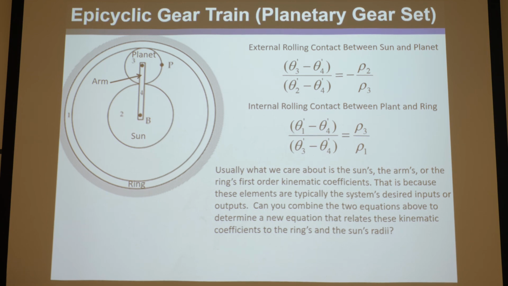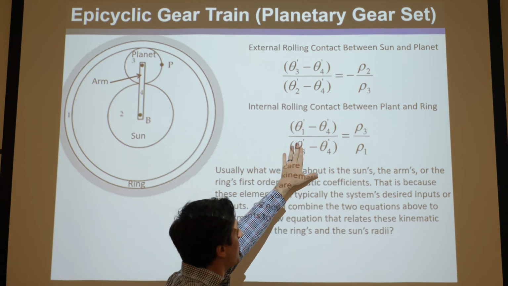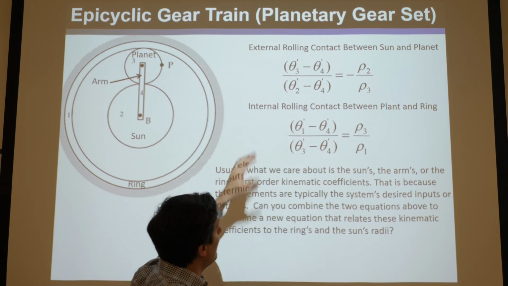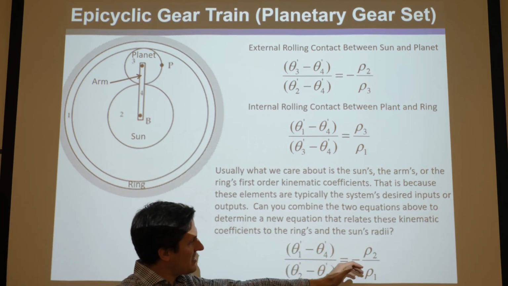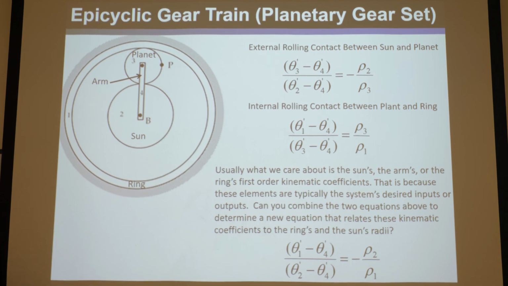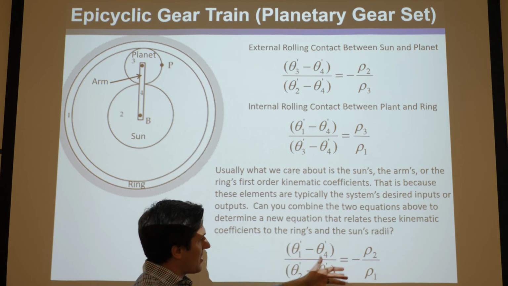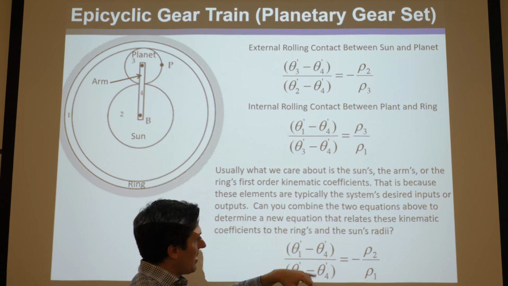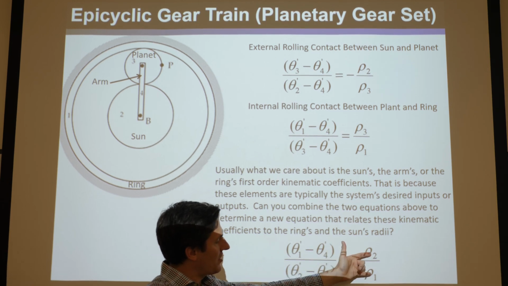Okay, so if you did that, I'll tell you how I would do it. I would solve for theta 3 prime with respect to this, and then I'd plug it in, and I'd massage things around, and you would get this equation. Okay, this is the equation you would use for an epicyclic or planetary gear set that tells you everything. And notice theta 3 prime's not in this. It just has the ring, the arm, and the sun gears, and we only care about the ratio.